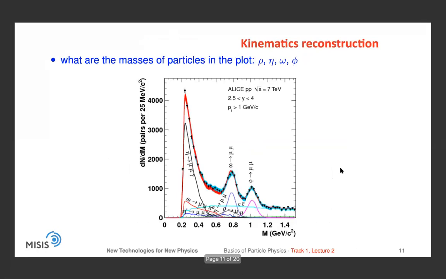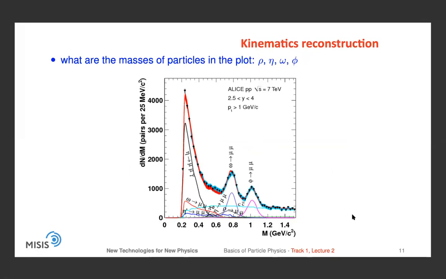Now let me see quickly what we have here. Okay, so now here's another example of the spectrum. You can see the spectrum again of dimuons. It's measured by the ALICE detector. And here you can see the contribution of the various resonances.